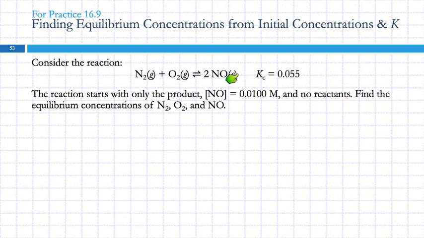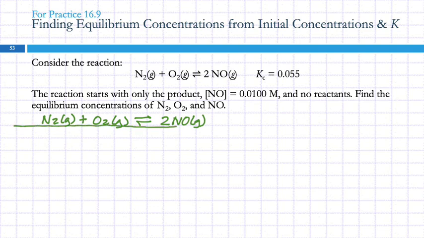I like to use the chemical equation as the header for the ICE table. So here it's up where I can't just draw over it, so I'll have to write it down here. N2 gas plus O2 gas in equilibrium with 2 NO. So that's my header row.